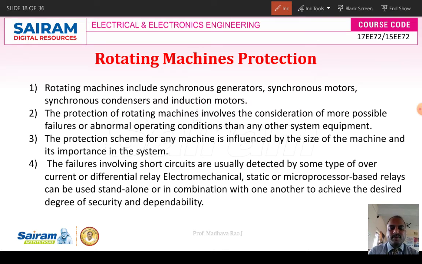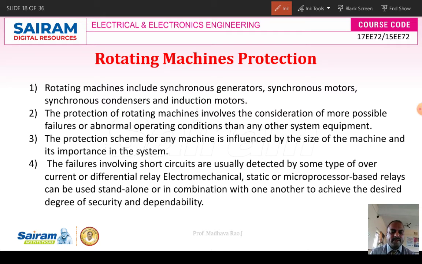The protection of rotating machines involves considering more possible failures or abnormal operating conditions than any other system equipment, like transformers.